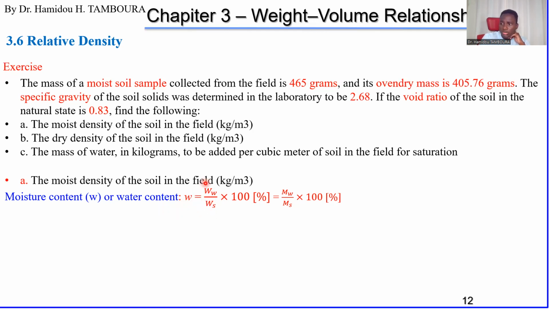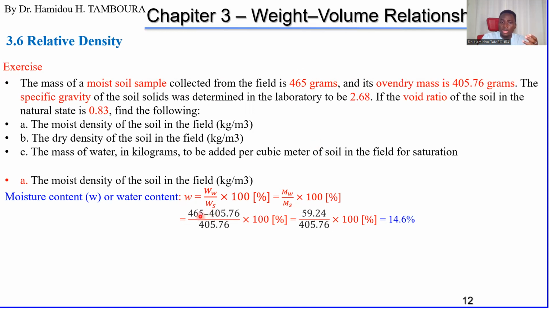We can use mass of water and mass of soil to obtain this water content. So here we use the masses by doing mass of the wet, the moist soil sample minus the dry one, we can obtain the mass of water.